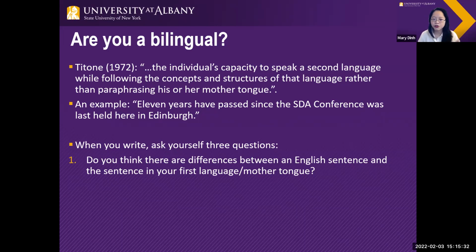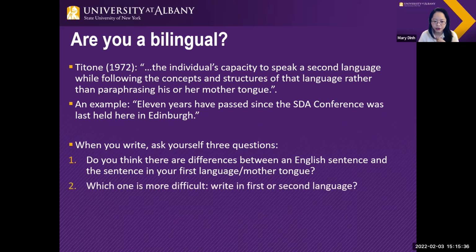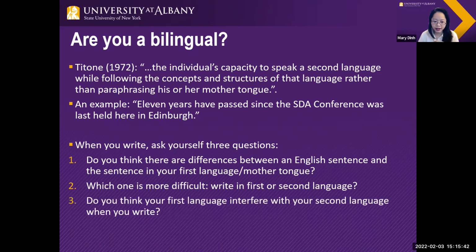And Andrea will do Spanish as the first language and English as the second language. But which one is more difficult for you, writing in your first or your second language? And the third question is, do you think your first language interferes with your second language when you write?